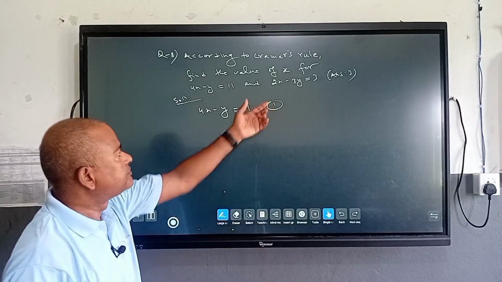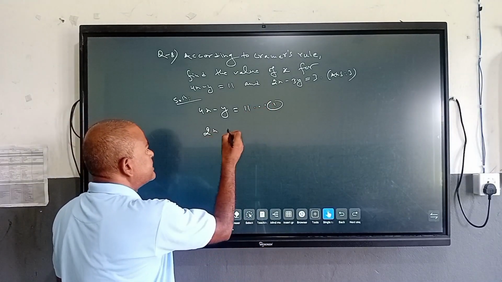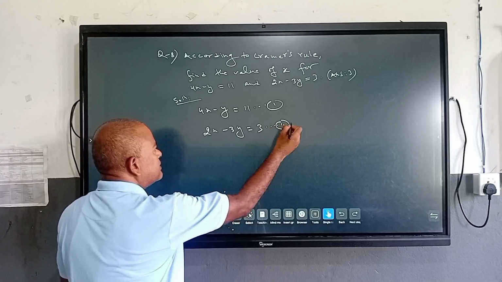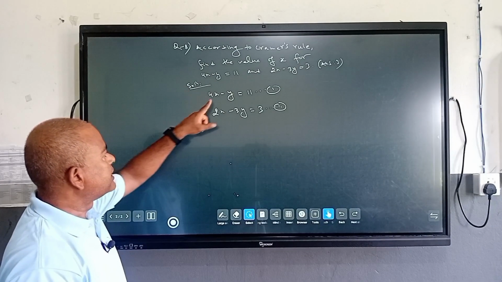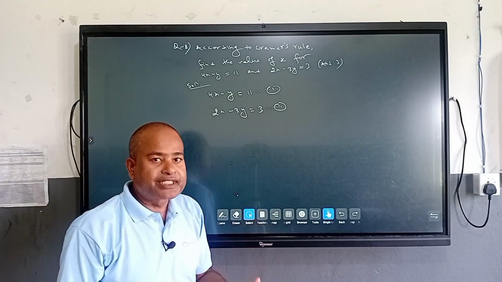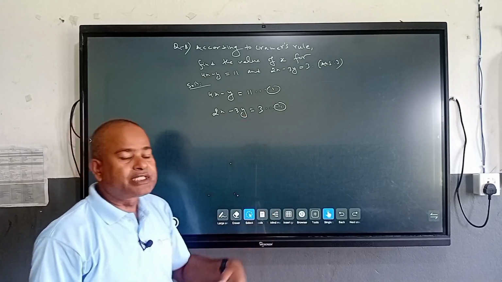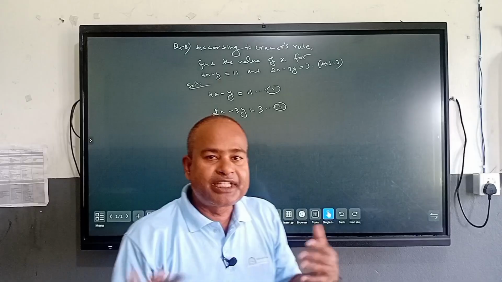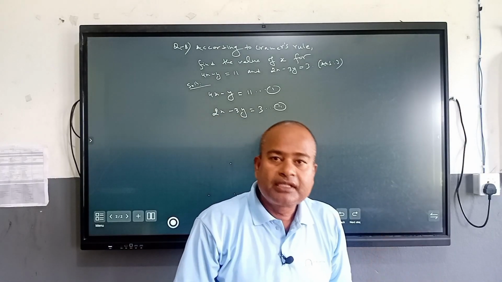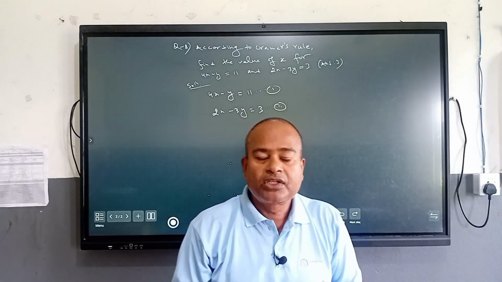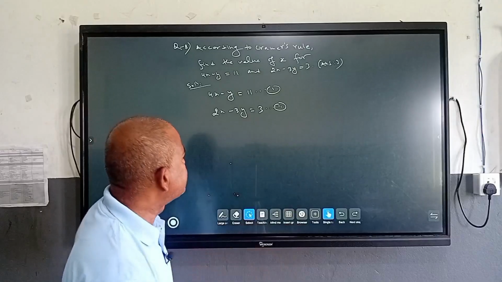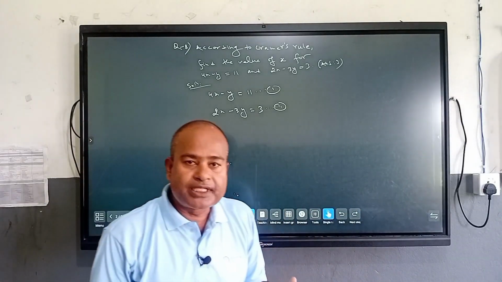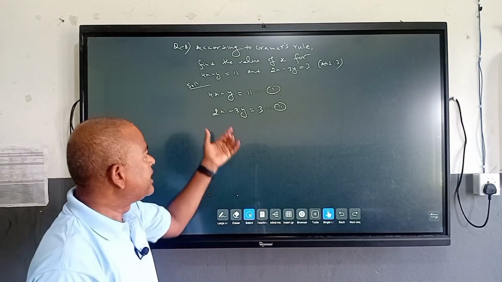The first equation is 4x minus y equals 11, and the second equation is 2x minus 3y equals 3. Now we are going to solve these two equations by Cramer's rule and find the value of x. So dear students, the first step of Cramer's rule is we have to make a table.